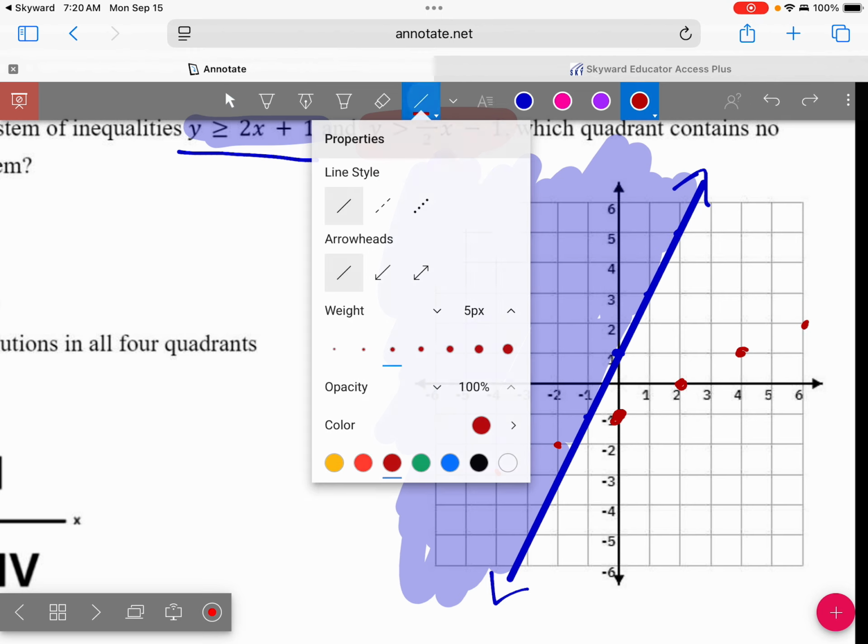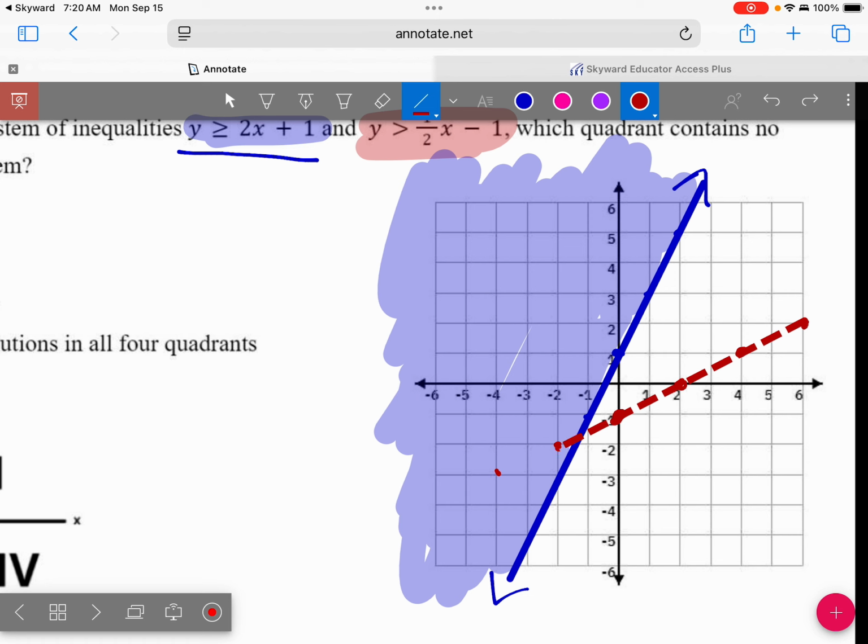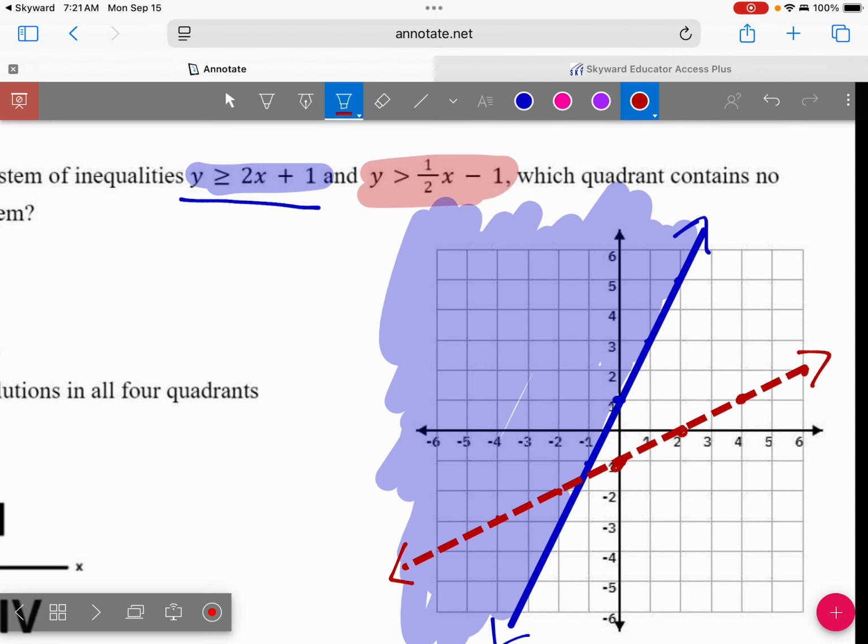So I need my line to be dotted. And on this one, do we shade above or below? Above. Because again, I could test 0, 0, and it would show that this one works.